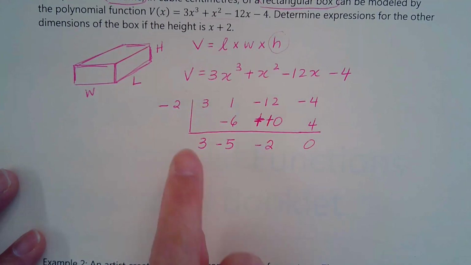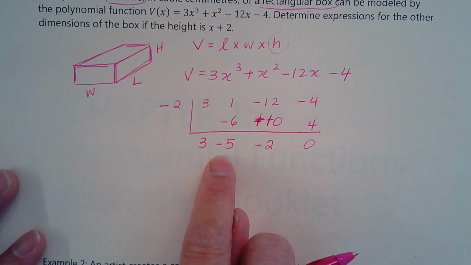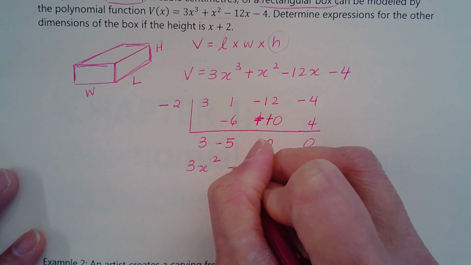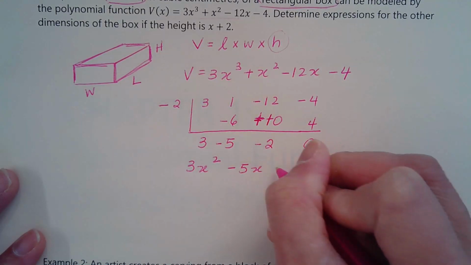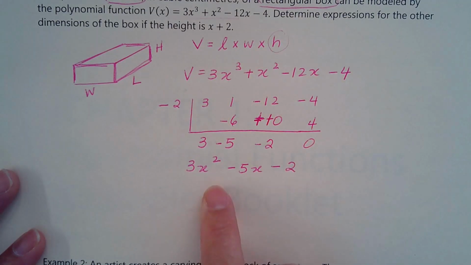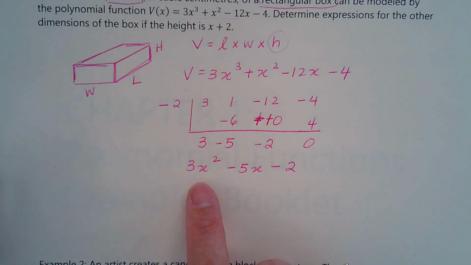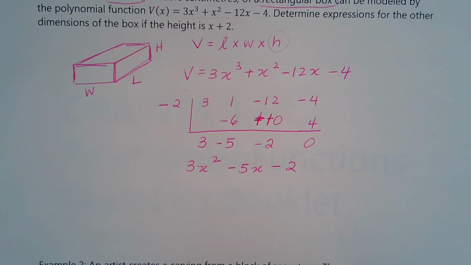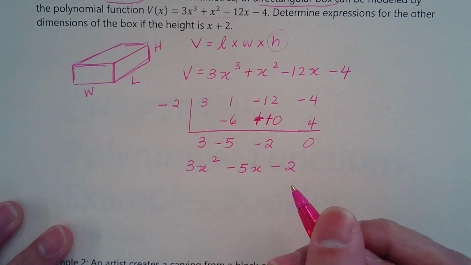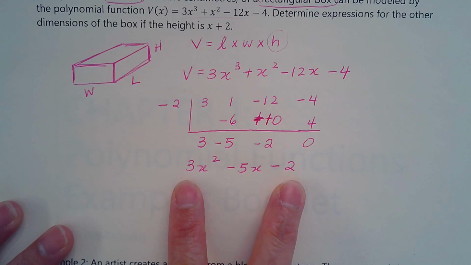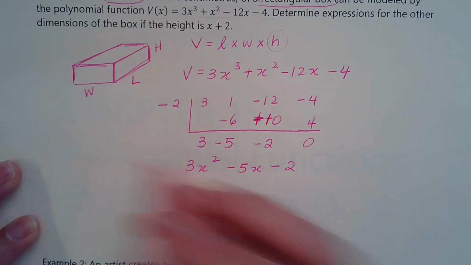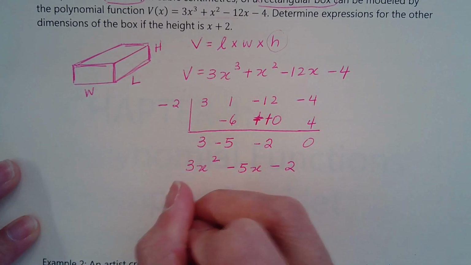Okay. So the remaining polynomial is what? 3x squared minus 5x minus 2. Now we could factor that. How can we factor that out? So 3 times negative 2 is going to give us negative 6.